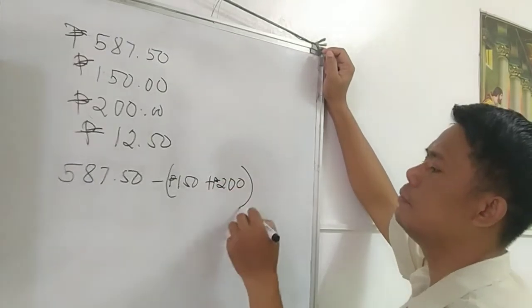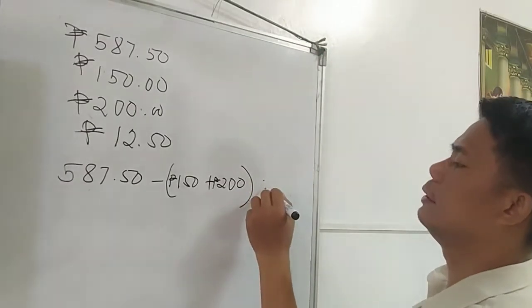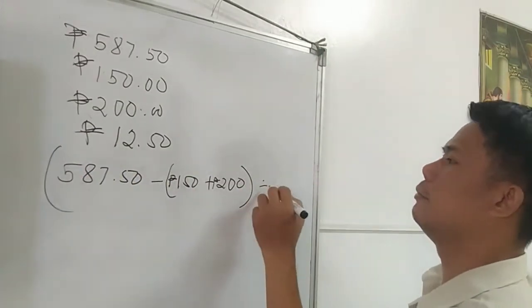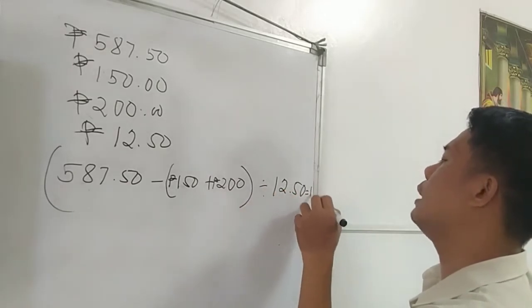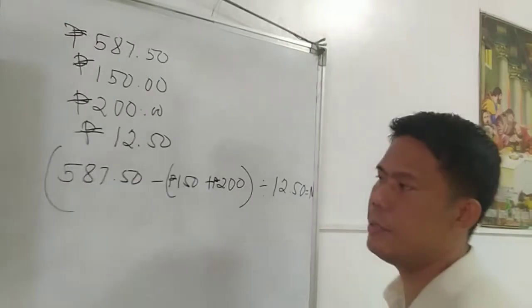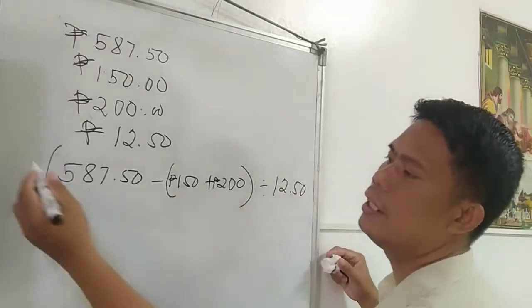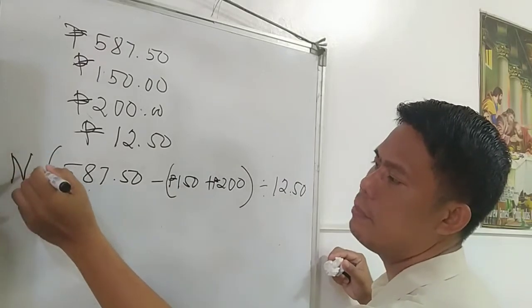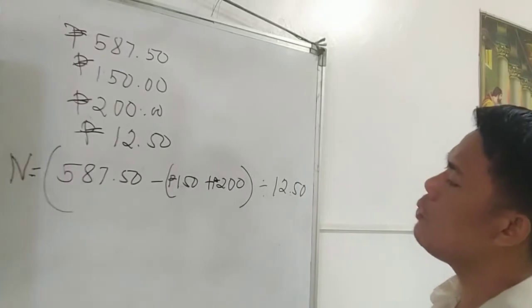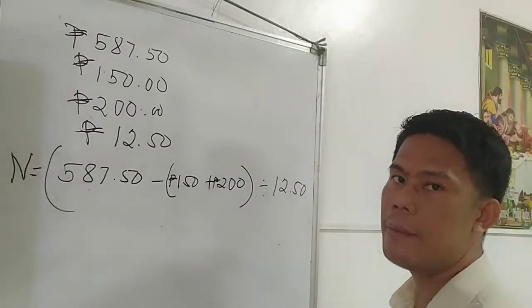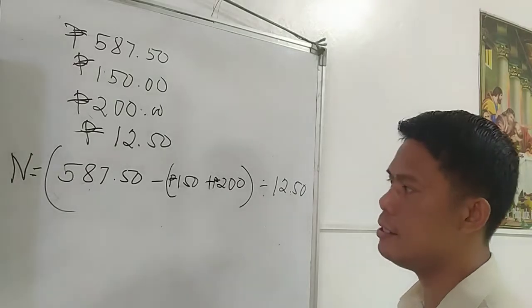Then we have divided by 12 and 50 centavos equals n. So this is now our number sentence. We can also write n here at the beginning. Or that is equal. Now, following the MDAS or the PEMDAS, we're going to solve first inside the parentheses.